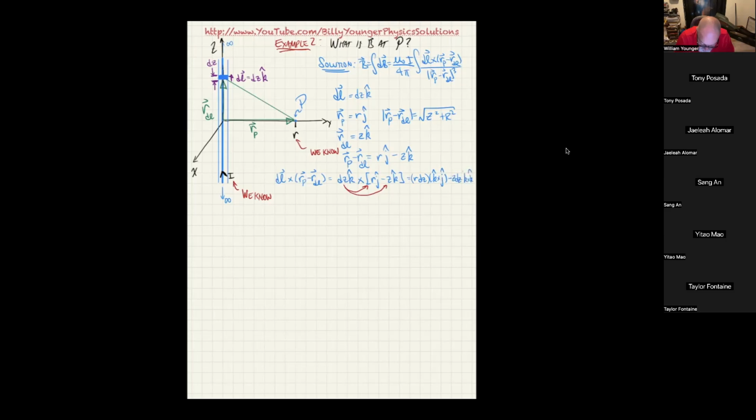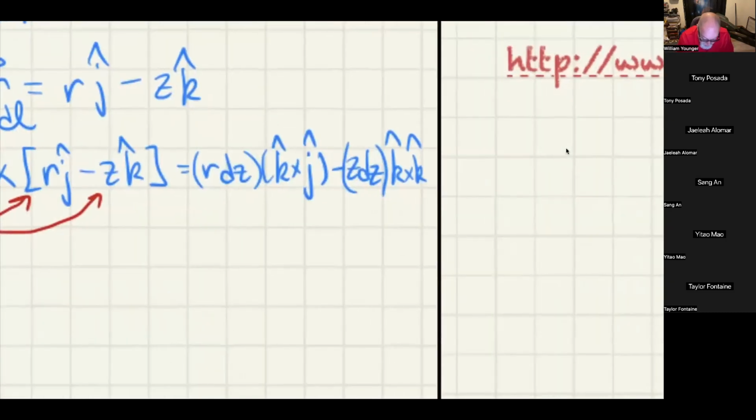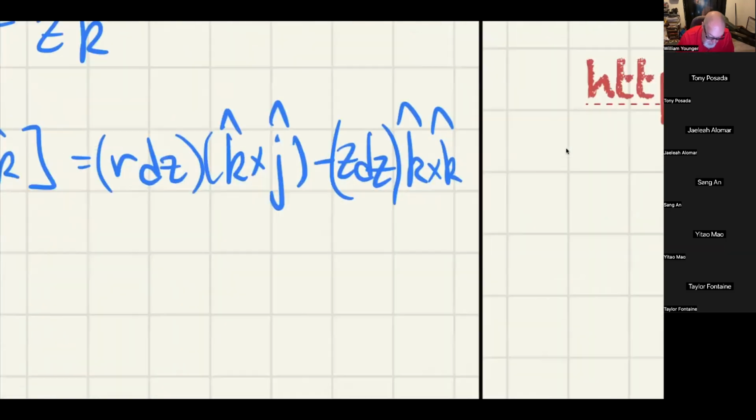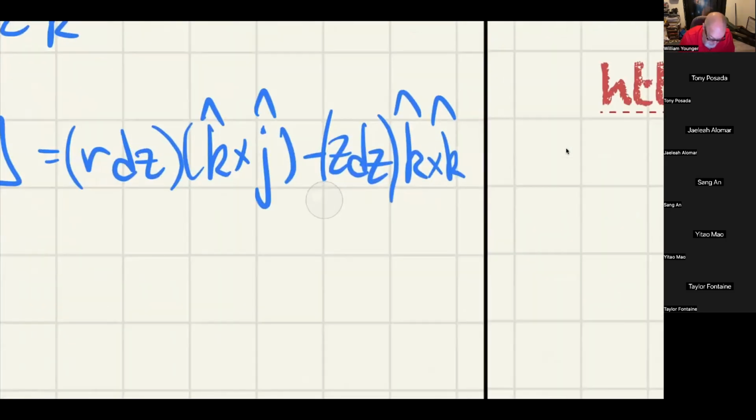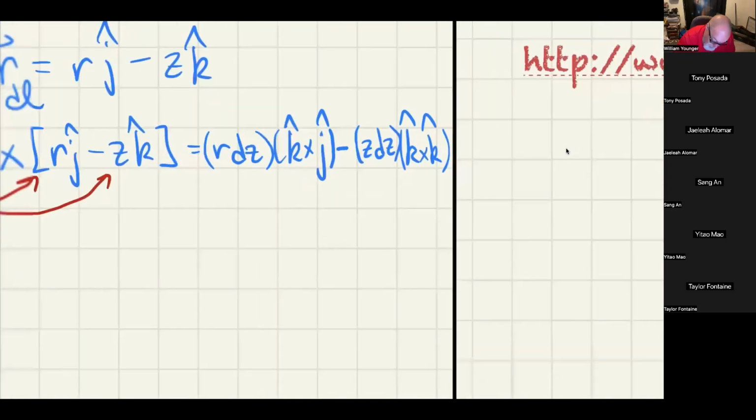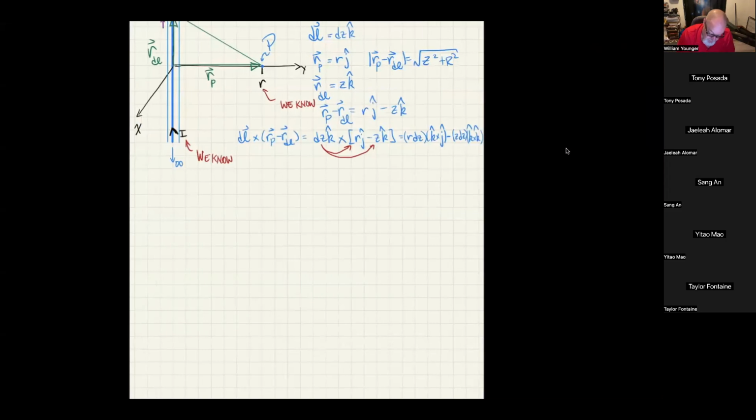And I suspect you all know what k hat cross k hat is. I want everybody to know that's z dz there. I could have actually written it a little bigger. Let's see if I can make it a little bigger and still keep things decent looking. So that's what that is.